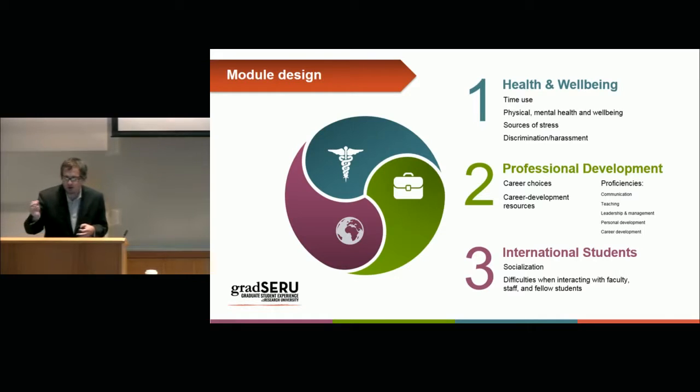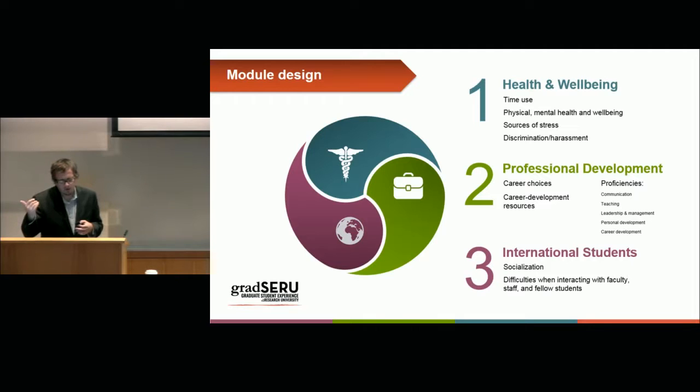So the module design, currently there's 3. There's one on health and well-being, which asks students about their time use, their physical and mental health and well-being, sources of stress, and questions about academic incivility, discrimination, and harassment. We also have a professional development section, which is largely based on some of the work from Stanford's graduate professional development.